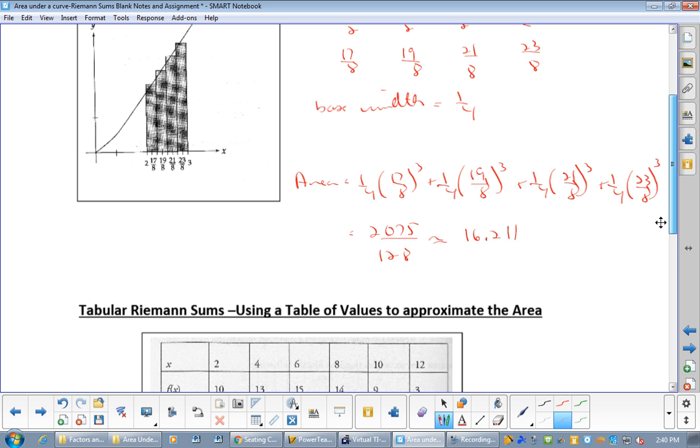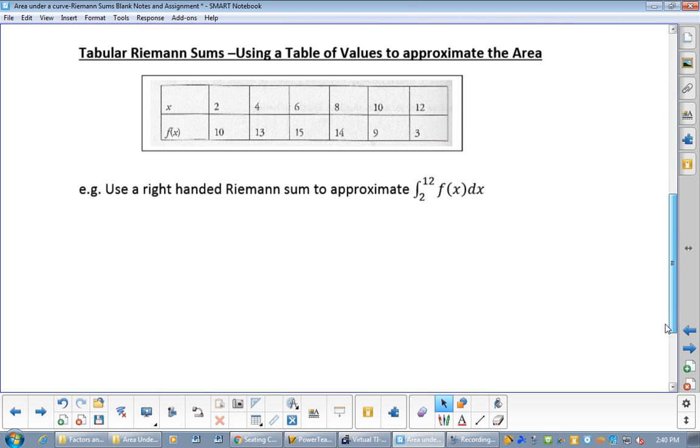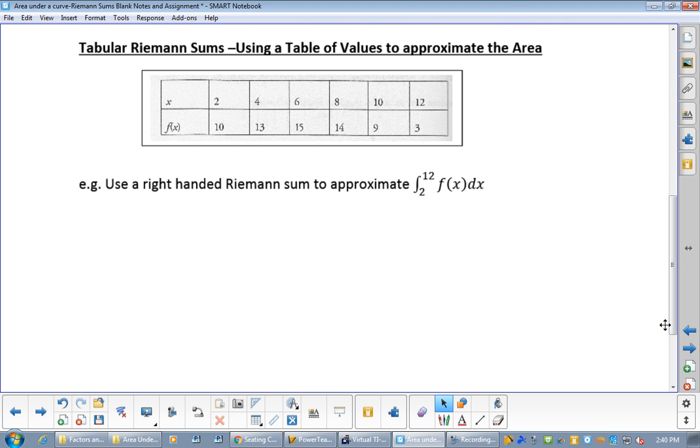So as you can see, it's in the middle of the other two, 13.953 and 18.703. It's right in the middle. Okay? So that's just 3 more examples using left, right, and middle.